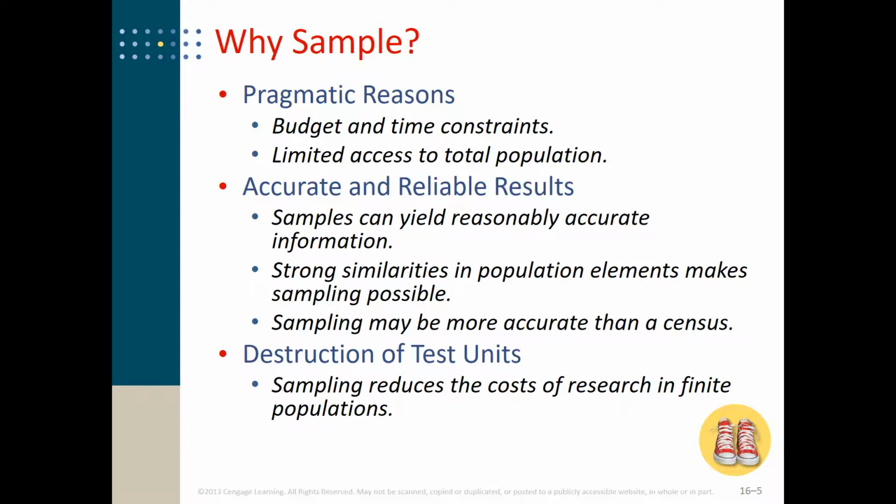And destruction of test units. When we go for a sample, particularly in the case of quality control, it is more feasible, because if you go for a census in a quality control type of test, you will have to test all the units, and you will end up having nothing.